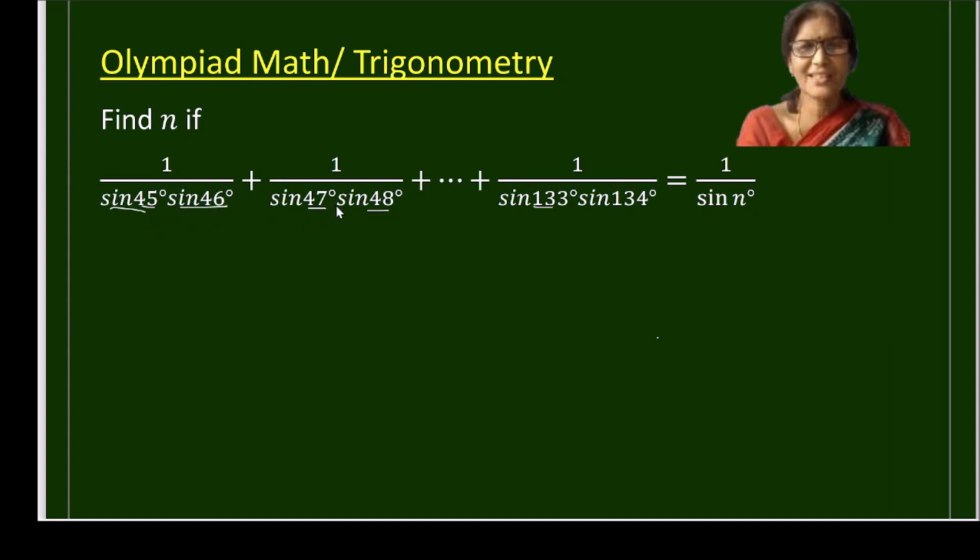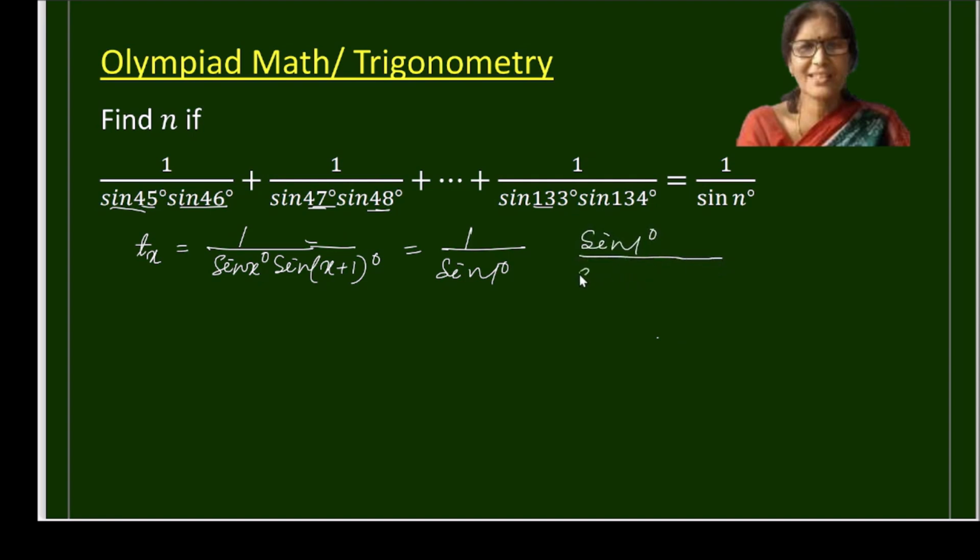If you observe each term, the difference is only 1 degree. So if I take a general term, say tx, it will be 1 over sine x degree and sine x plus 1 degree. I'm converting this in this way: I'll divide by sine 1 degree as well as multiply by sine 1 degree in both the numerator and denominator.